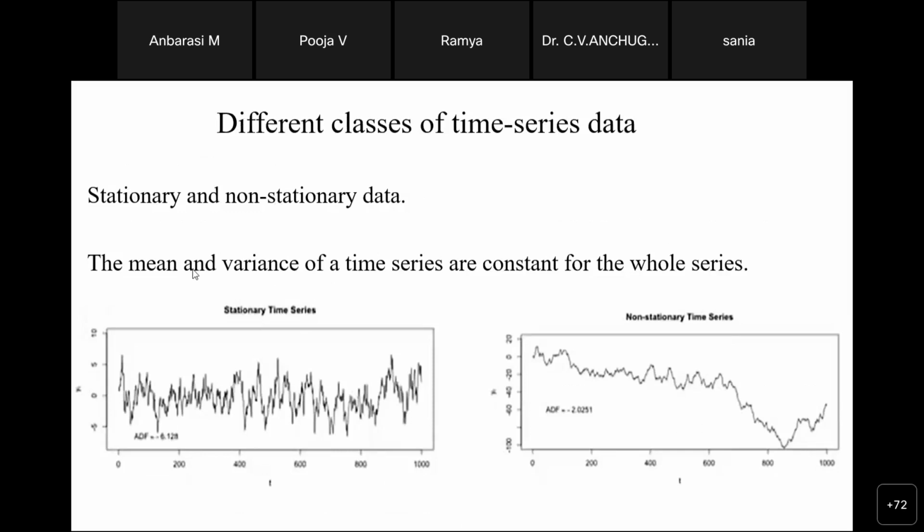Stationary data means the data do not change over time. In other words, the data does not show any trend, seasonality, or even a pattern. From this figure, you cannot find any trend or seasonality, or whether it is an uptrend or downtrend. Nothing can be found. So that we call stationary data.